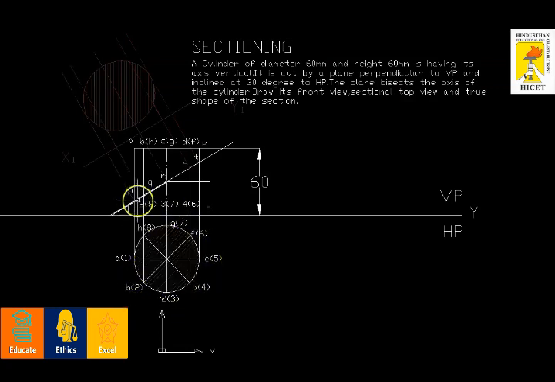So P meets here, Q meets the circumference here and here, R here and here, S here and here, and T here. So I have transferred the cutting points to the top view.